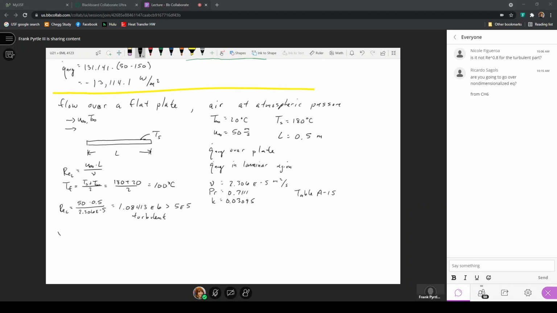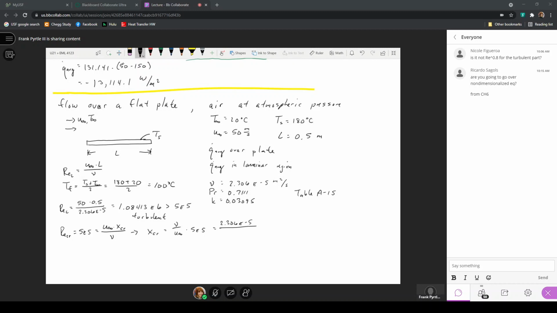So here, X sub C, well, actually, I'll write this first. The critical Reynolds number is 5 times 10 to the 5th, which would be U infinity times the critical position, or the transition point, divided by the kinematic viscosity. So this says I can calculate this quantity as the kinematic viscosity over the velocity times 5 times 10 to the 5th. So that kinematic viscosity was 2.306 times 10 to the minus 5.